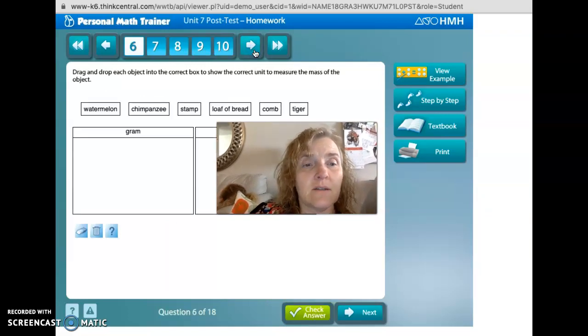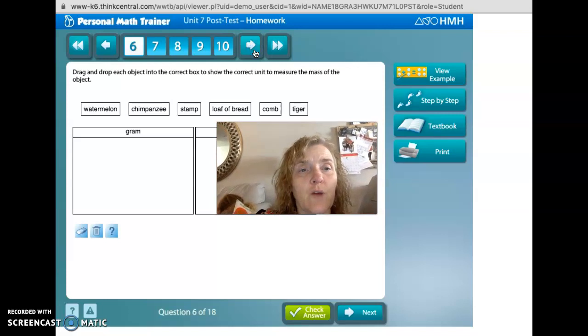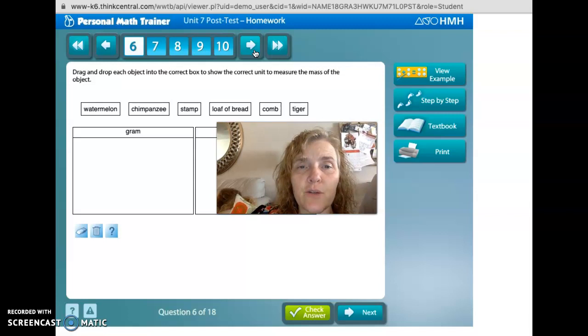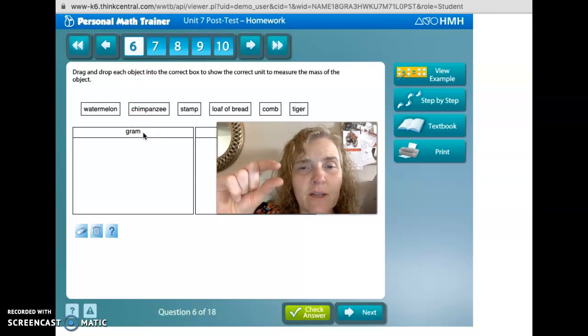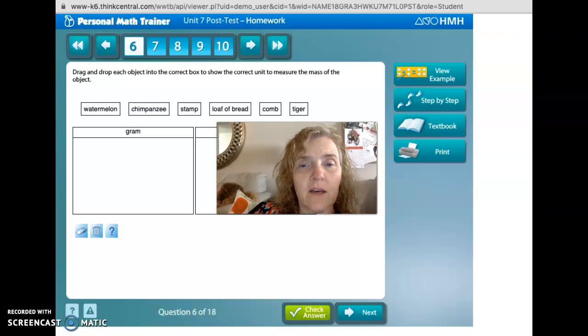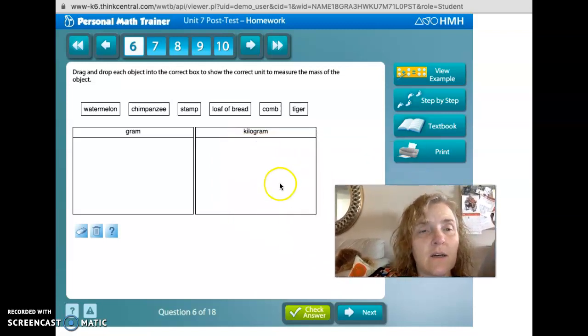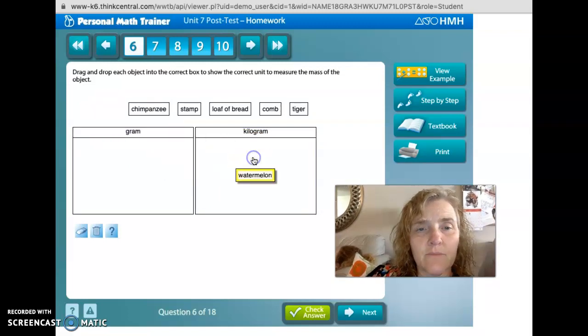Number 6. Drag and drop each object into the correct box to show the correct unit to measure the mass of the object. So we either have a gram, which is about the size of a pencil top eraser, or a kilogram, which would be 1,000 of those. All right. I think I need to move that so I can see what I'm doing. All right, watermelon, kilograms. How about that?